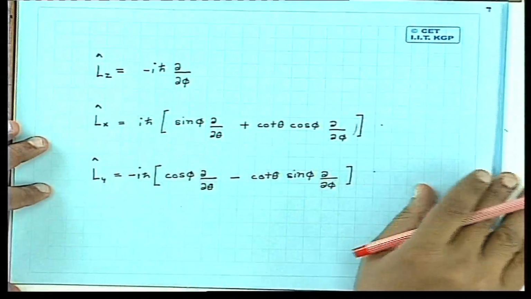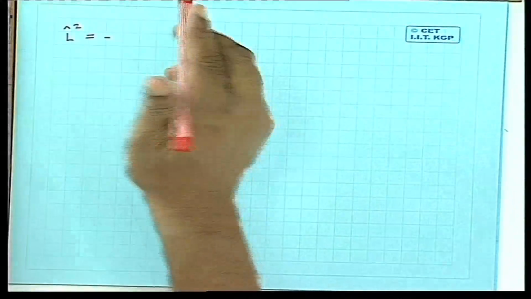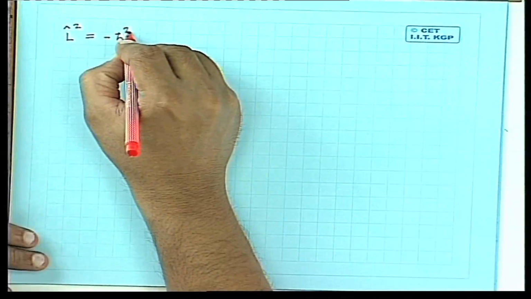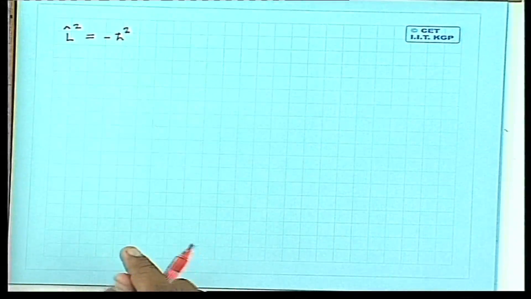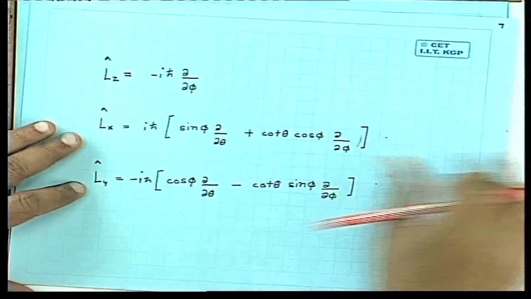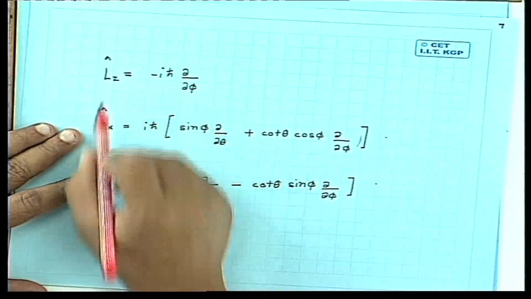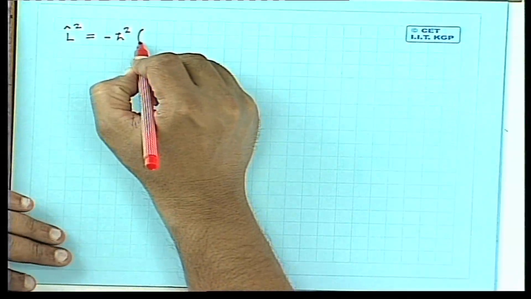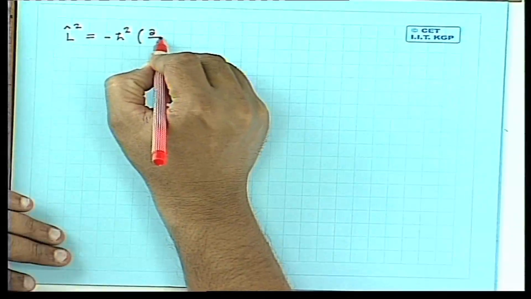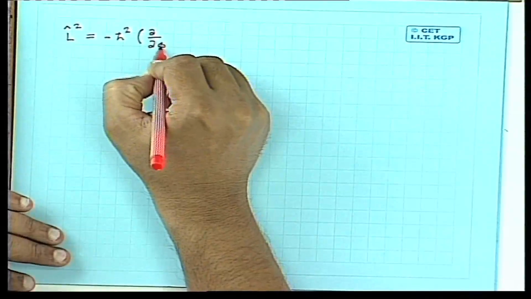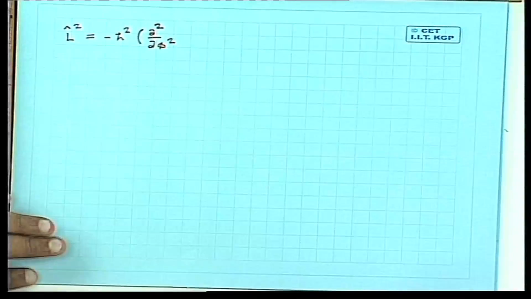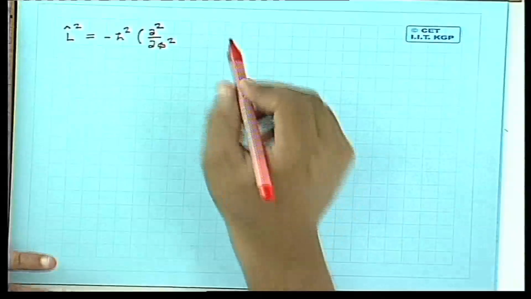So I can put an overall minus h cross squared outside. Then if I square Lz, I get del by del phi squared. This is Lz squared.